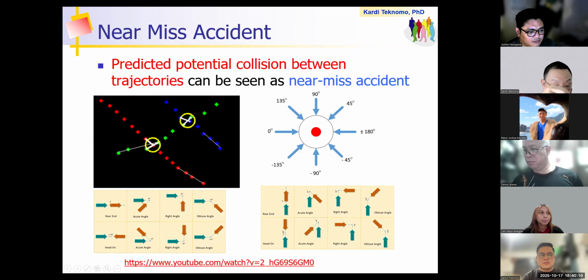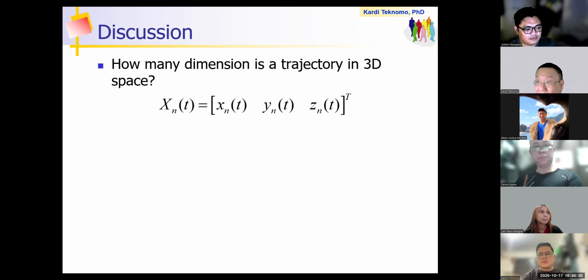Once you project it, you can see the potential collision, and then check the time, whether they can really collide or not. From there, you can also get more detail about the collision angle and potential collision angle.